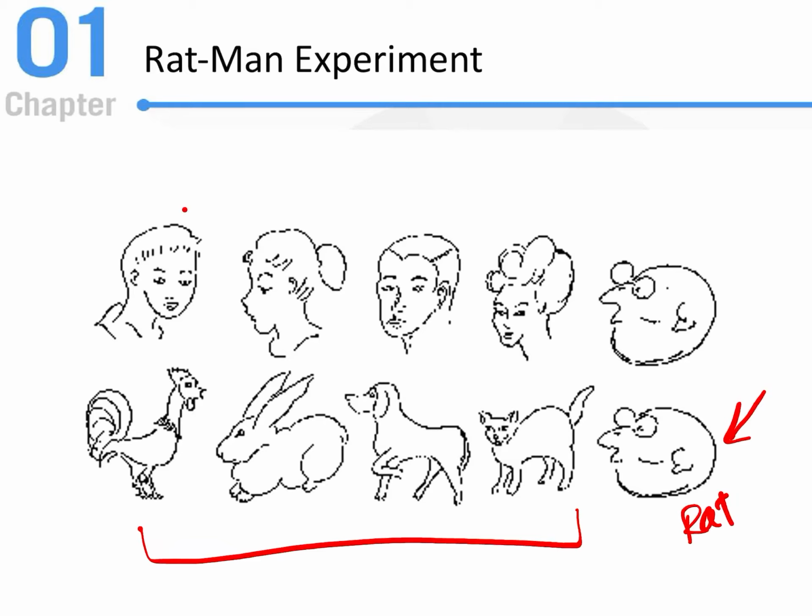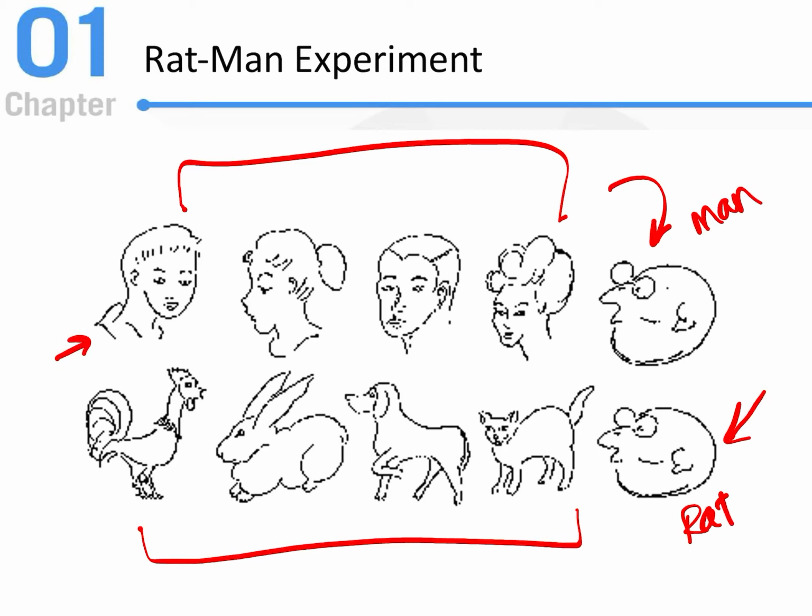If they saw faces, they were much more likely to observe a man over the rat. Okay? So about 73 to 80% saw a man rather than a rat when exposed to these face pictures prior to seeing the ambiguous image.